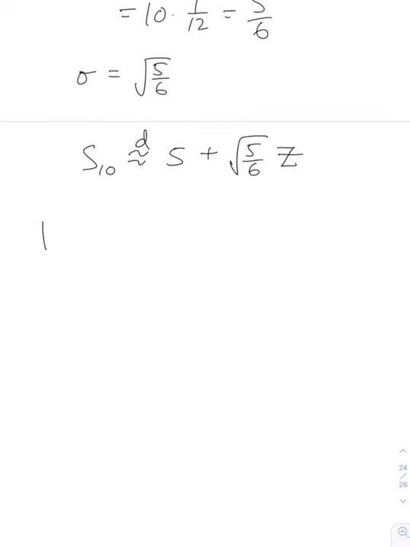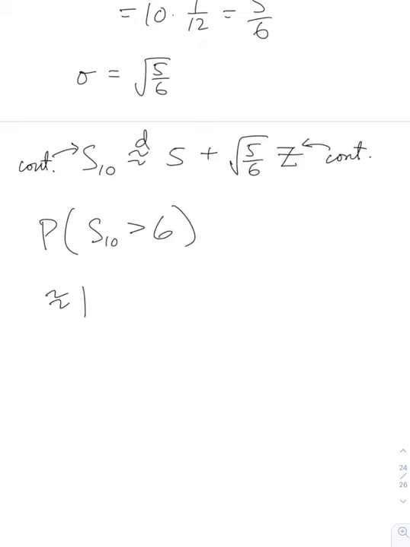And I want to approximate the probability that S10 is greater than 6. Again, now S10 is what? Well, it's a sum of uniforms. So it's continuous. And of course, z is continuous, so there's no need here for a continuity correction.